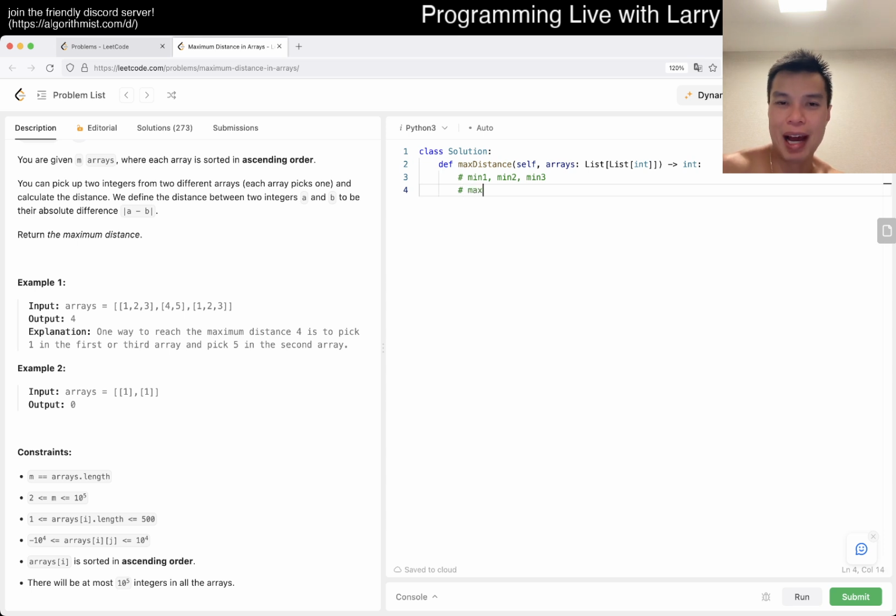If you have, say, max 1, and you want to get the maximum difference, then max 1 minus min 1, right? Well, let's say they're in the same row. Then what you're going to do? Max 1 minus min 2, or if you take min 3, where min 3 is bigger than min 2, this is by definition going to be smaller. So you don't even have to consider it. Hopefully that's easy to follow.